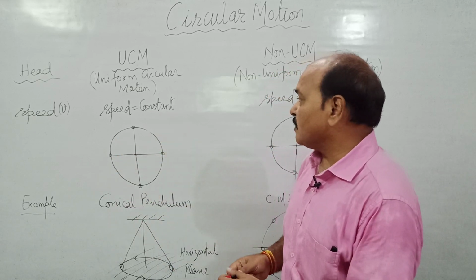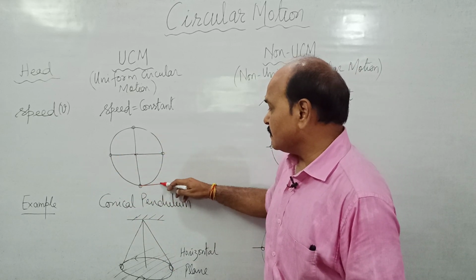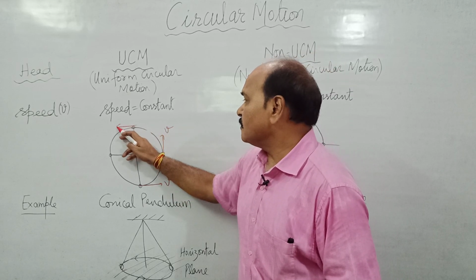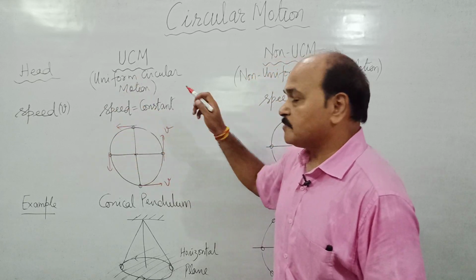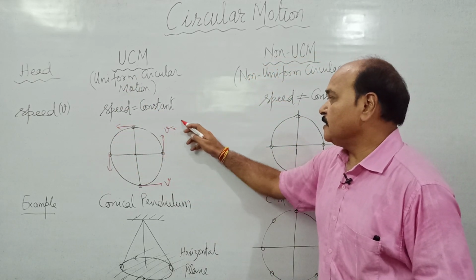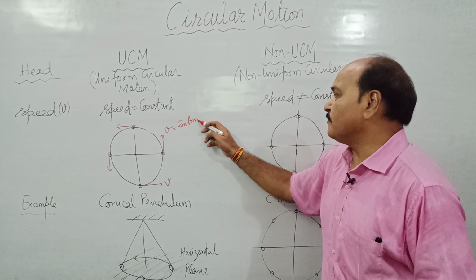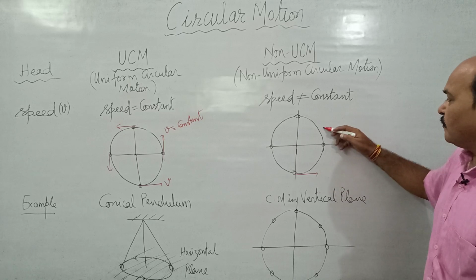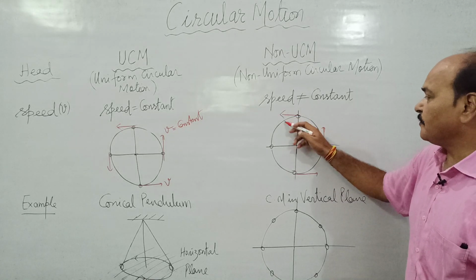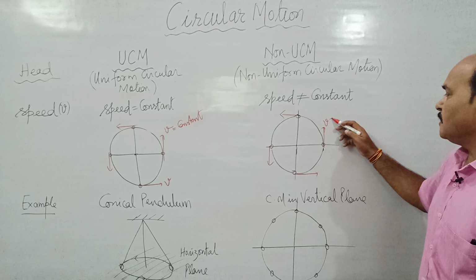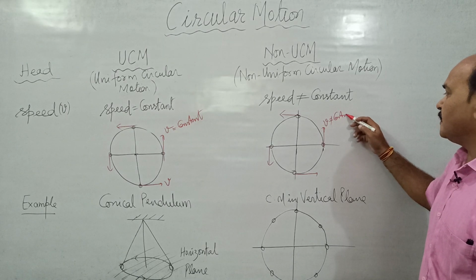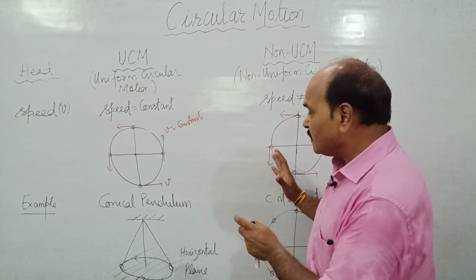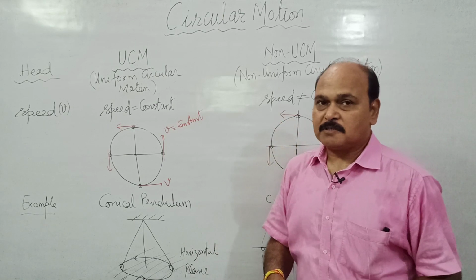If an object moves on a circular path, and the value of velocity v remains the same throughout, then the motion is called uniform circular motion. But if this speed is not a constant, it is a variable, it is called non-uniform circular motion. The speed of an object moving on a circular path is not a constant, it varies, then it is non-uniform circular motion. Let us understand the example of both the motions.